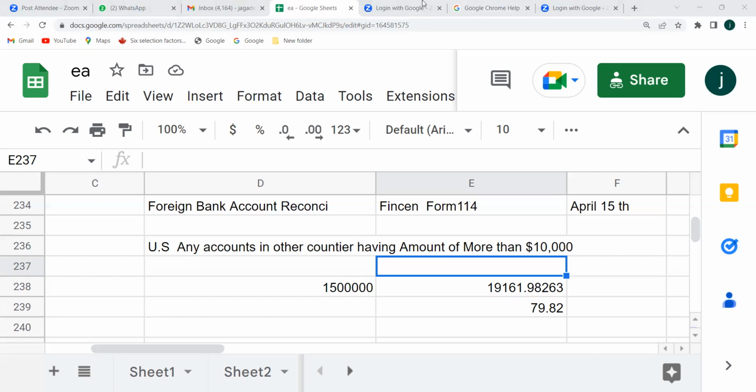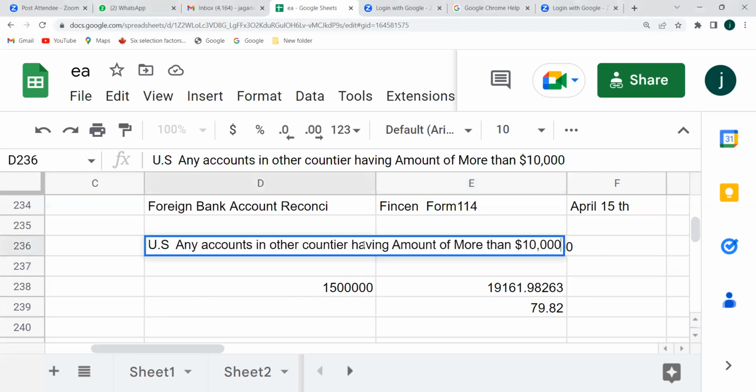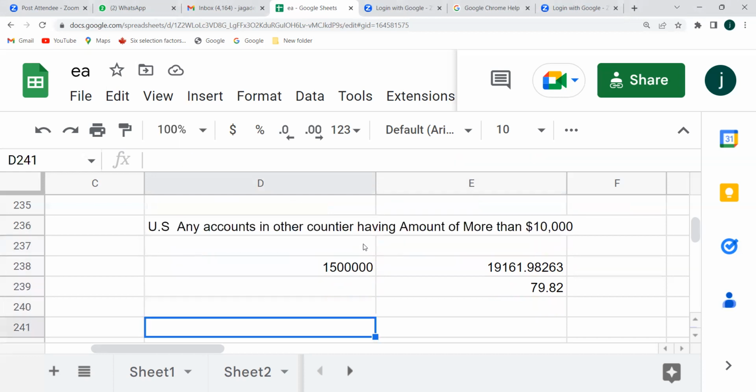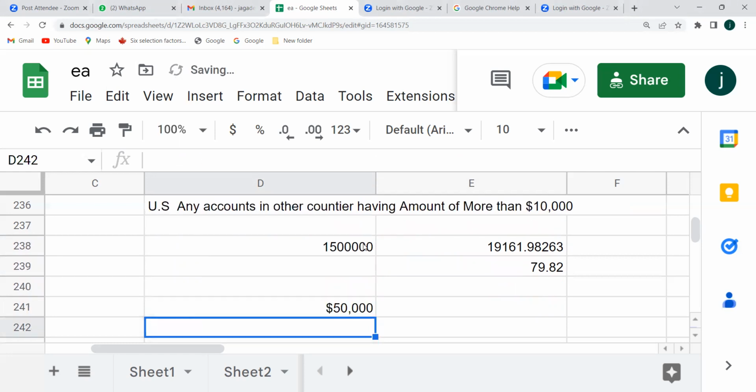So this is for FBAR. For FBAR, the amount should be more than 10,000. For FATCA, there is one more additional point: the amount should be more than 50,000. If it exceeds 50,000, you need to follow FATCA.